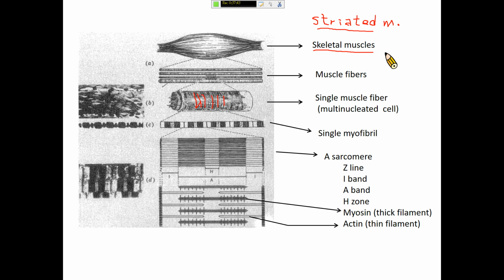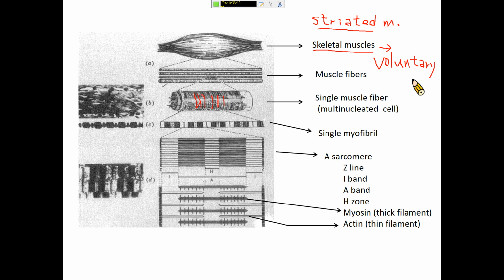Skeletal muscles are also called voluntary muscle. Right? Ever heard? I think we learned this a long time ago when we were pretty young. Voluntary. Voluntary, hopefully I'm spelling correctly. Voluntary muscle.